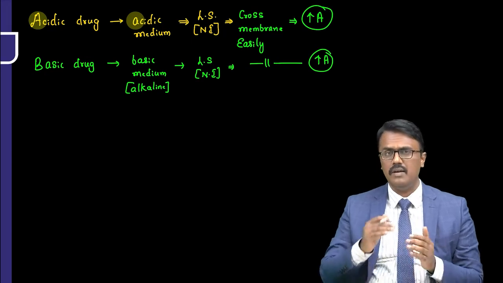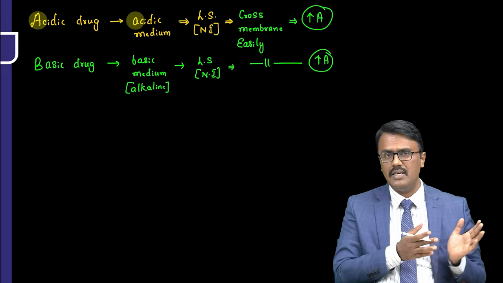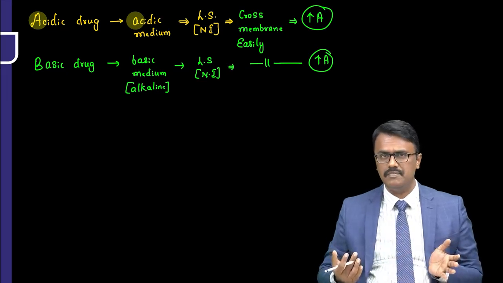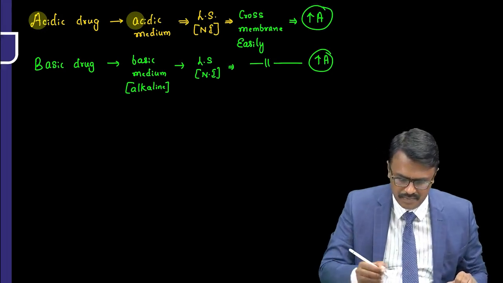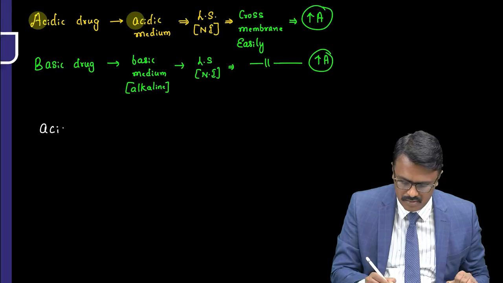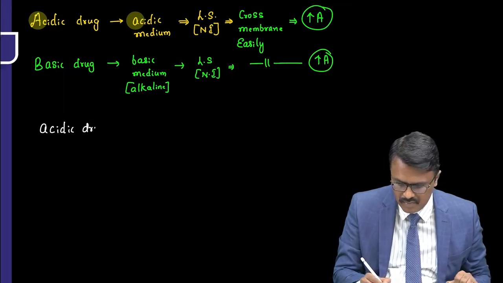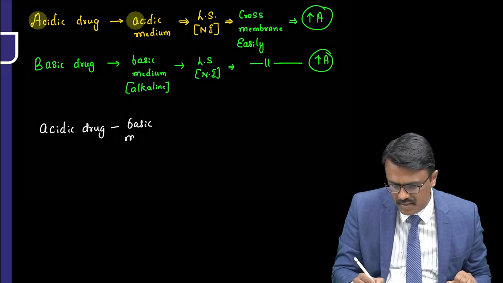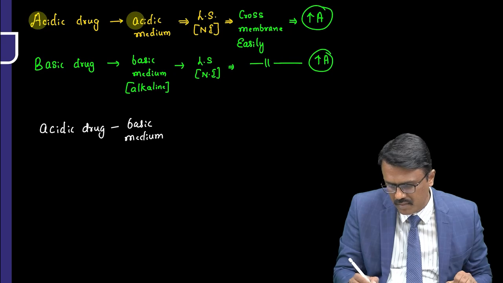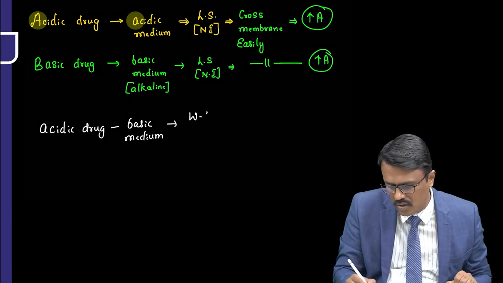But what if the drug and medium are different? Suppose I place acidic drug in basic medium. If you do like that, what happens? Then the drug becomes water soluble, also called as ionized.